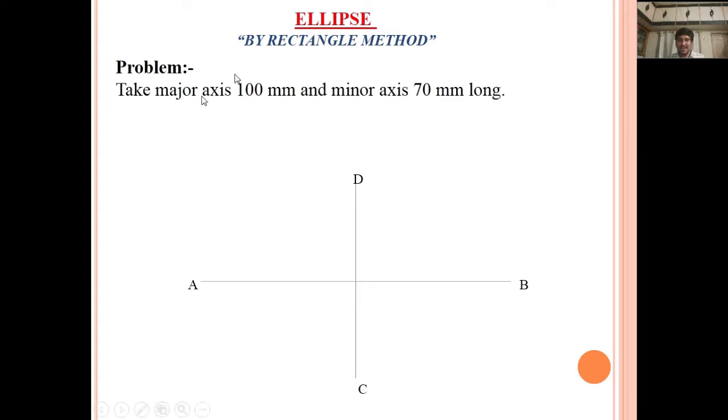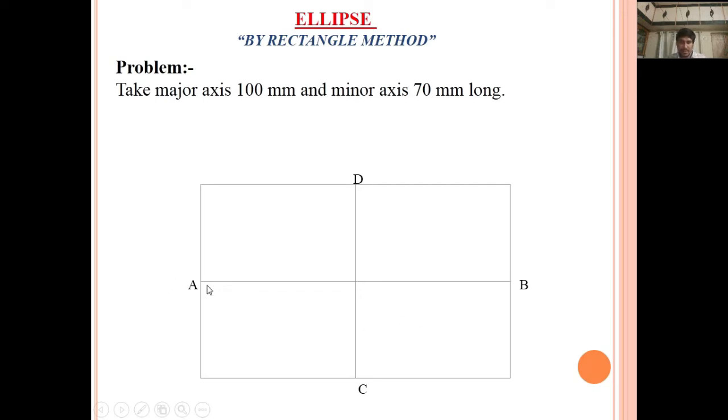Here we can see that we have two dimensions: 100 mm for AB and minor axis dimension 70. With the use of these two dimensions, we can draw one rectangle like this. Now the actual method is started.